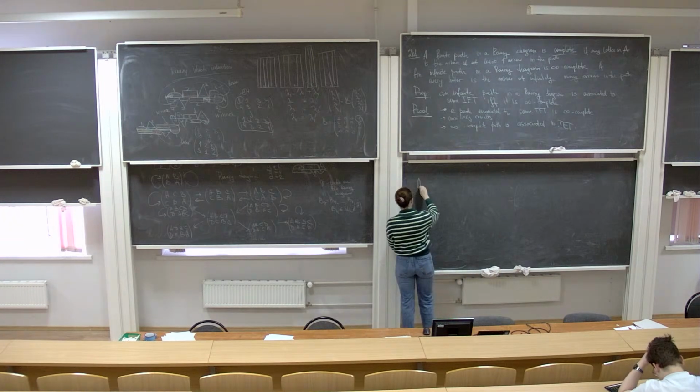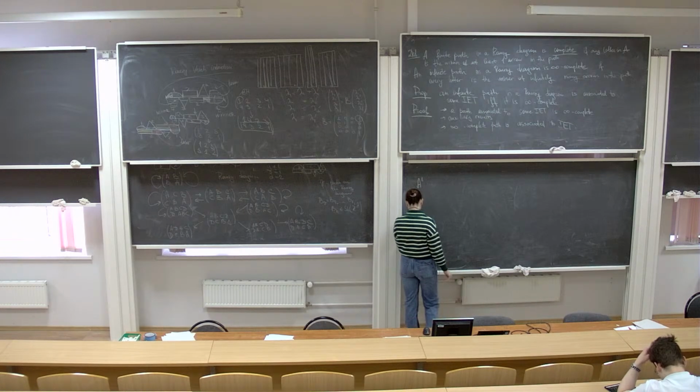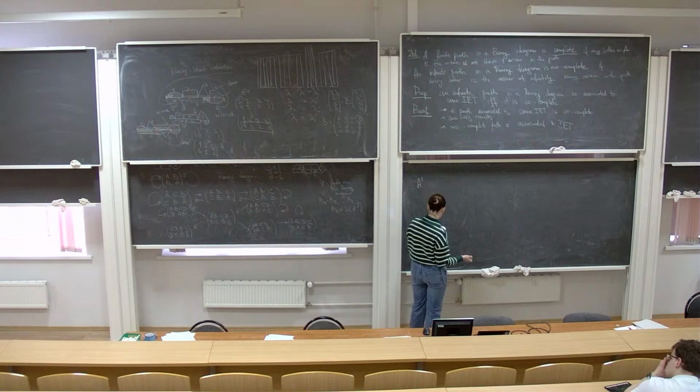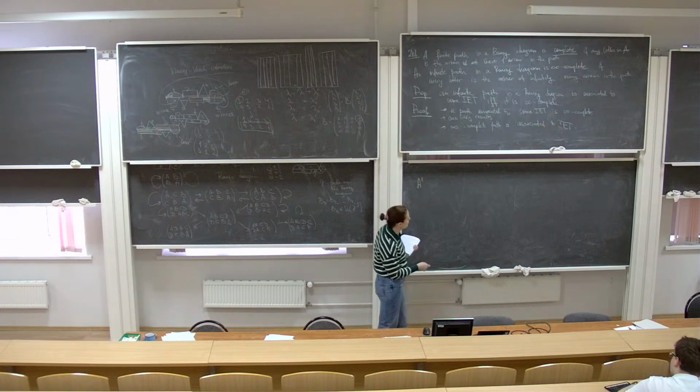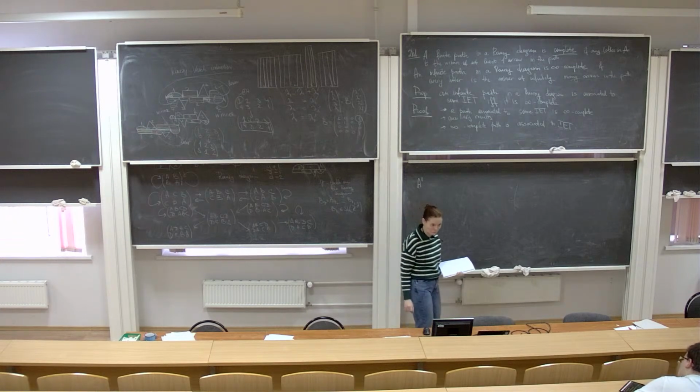So let me define A prime to be the set of letters which are the winners of at most finitely many arrows. So we have to prove that if it's associated, it's infinitely complete. Assume that it's not. Because if it's infinitely complete, we are very happy.